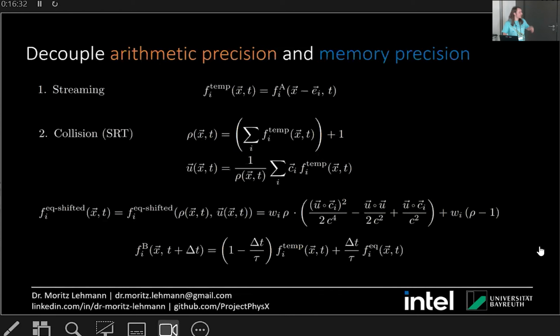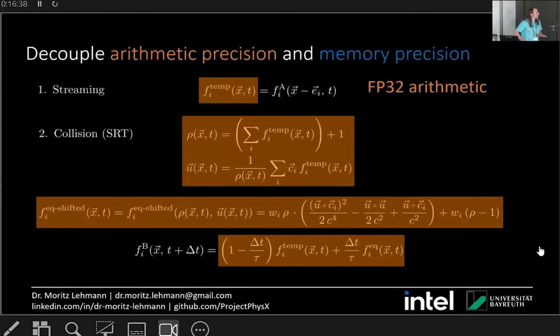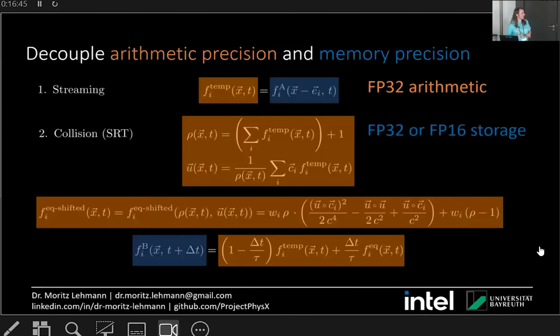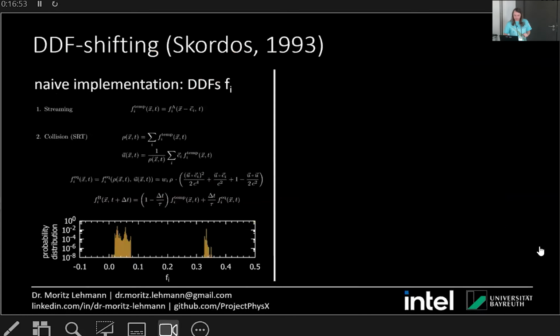So the first idea was here to decouple the arithmetic precision and the memory precision. So all of the math is still happening in FP32, so we don't lose precision. In the memory storage, we can choose either FP32 or FP16 with compression. And in between, we have a conversion.